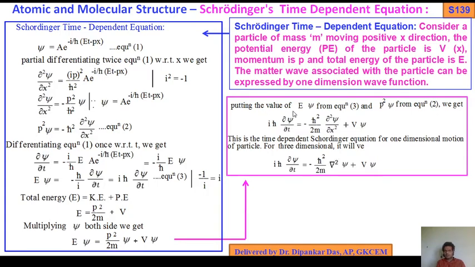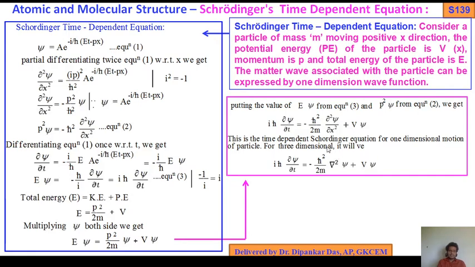So we get i h bar del psi by del t equals to minus h bar square by twice m del square psi by del x square plus V psi.